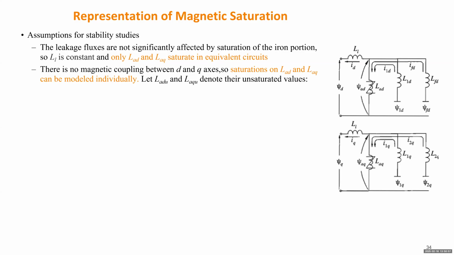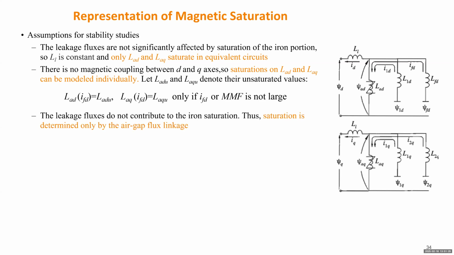So when you increase the field current, those two will change individually. They are both functions of the field current. So the LED, LEQ are equal to the LADU or LAQU only if the field current is not high. So it's not saturated yet.